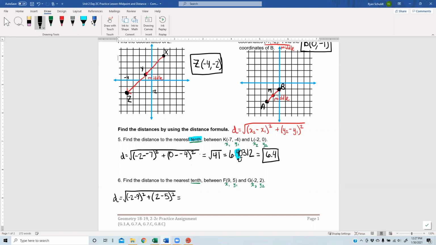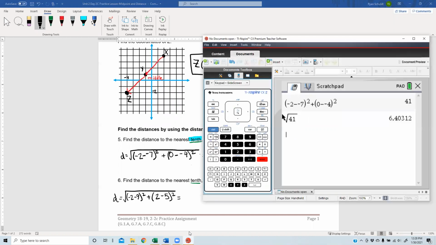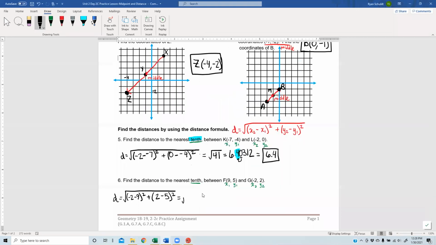Again, type everything in but the square root. So -2 minus 9 squared plus 2 minus 5 squared. 130. So this is the square root of 130.